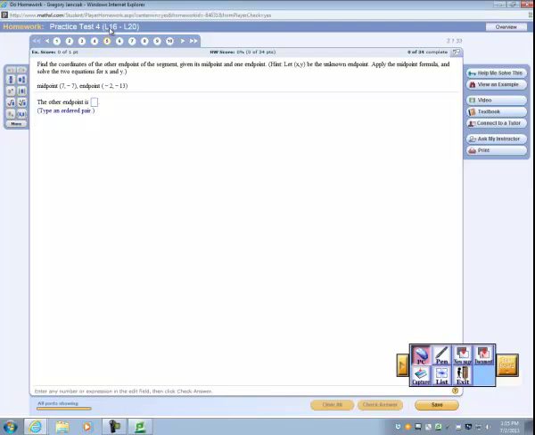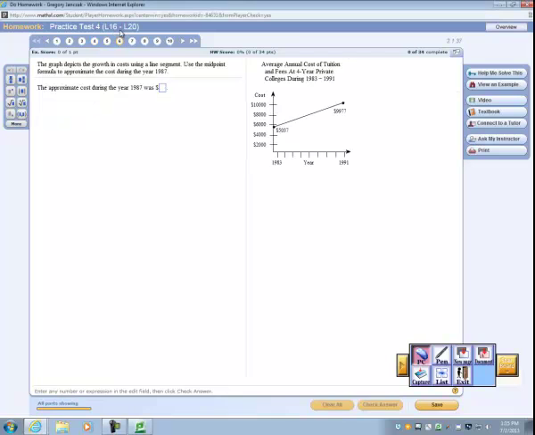All right, and that's basically the same thing. The graph depicts the growth and cost of the line segment. Using the midpoint formula, approximate the cost during the year 1987. Well, 1987, that's going to be the middle of your year.